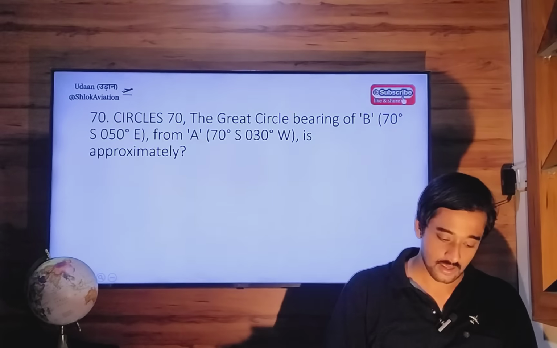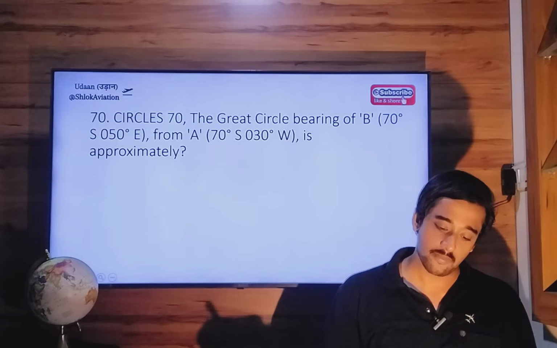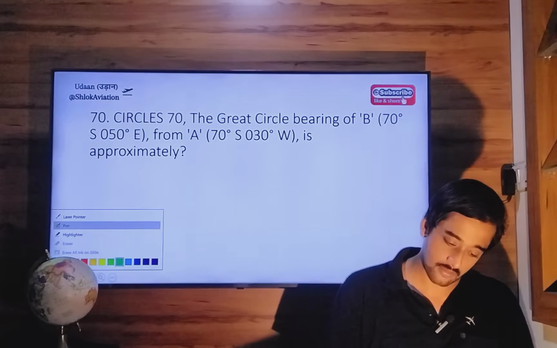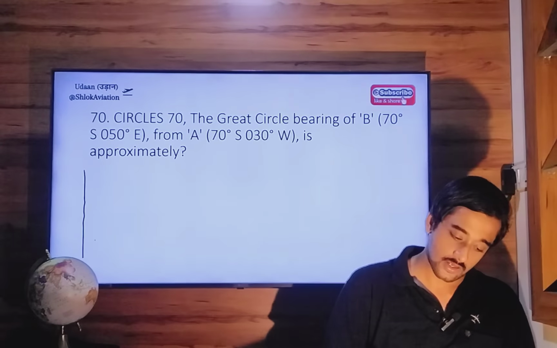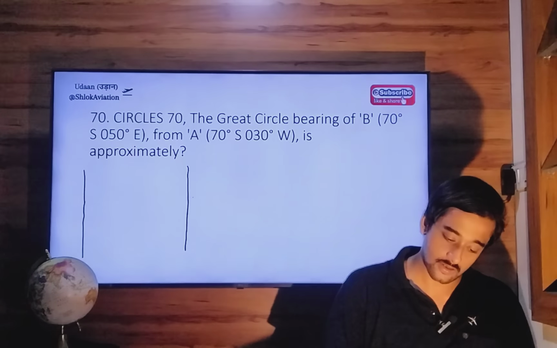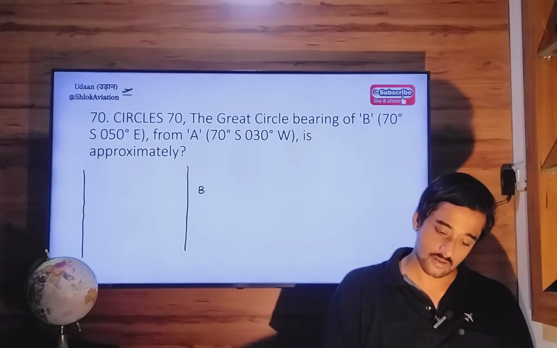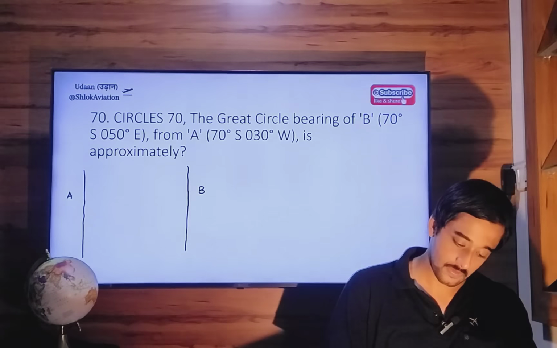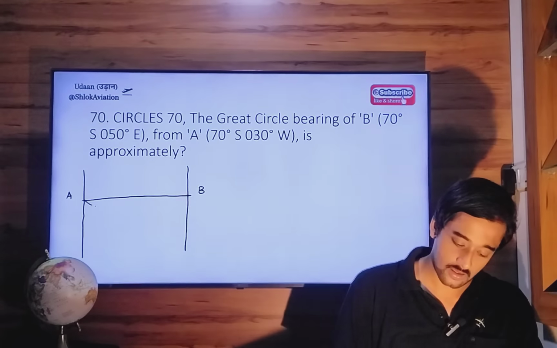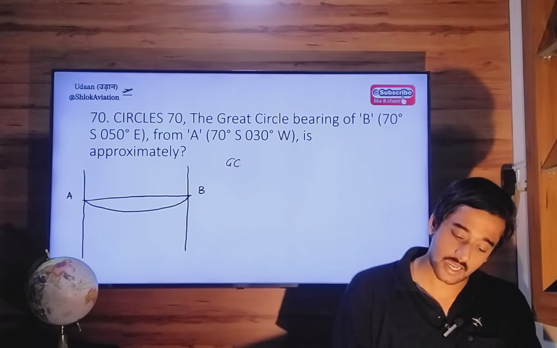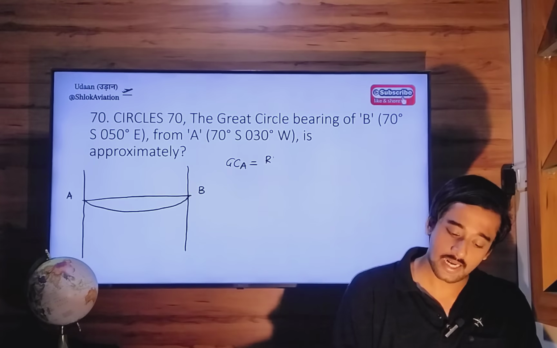Okay, next. The great circle bearing of Bravo from Alpha is what? Both are in the south hemisphere. So Bravo is in the east, Alpha is in the west. Great circle track at A will be rhumb line track at A plus convergency angle.